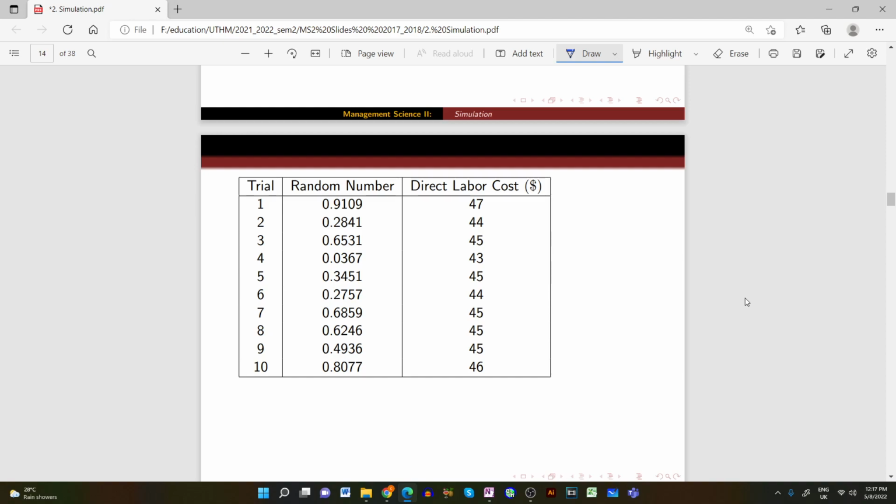So whatever we did here is, if the cost is a discrete probability, this is how we have to find the labor cost by using the random number.